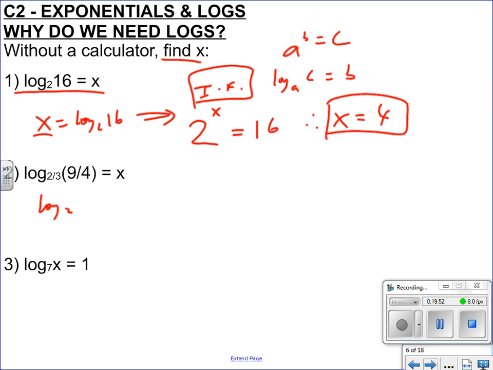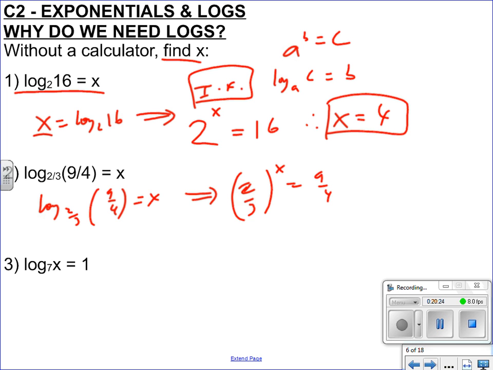Log base 2/3 of 9/4 equals x. Same again. So 2/3 to the power of x equals 9/4. So the base is 2/3.